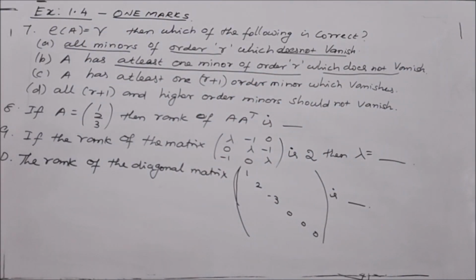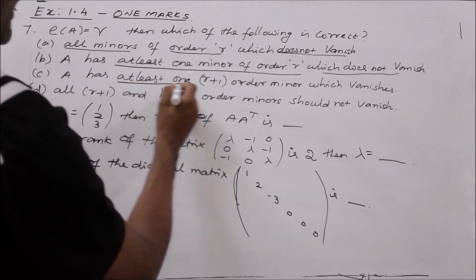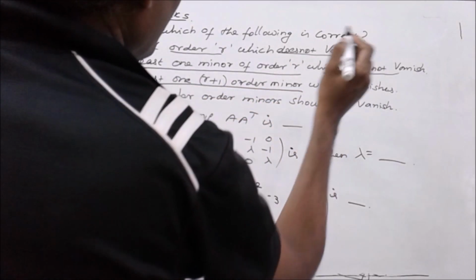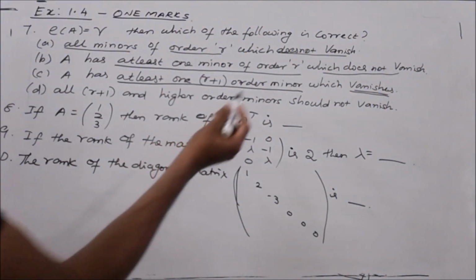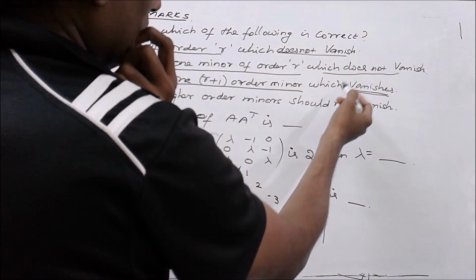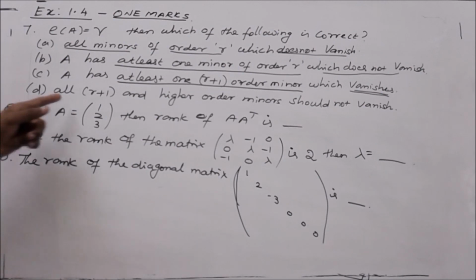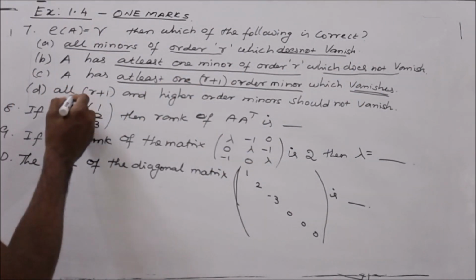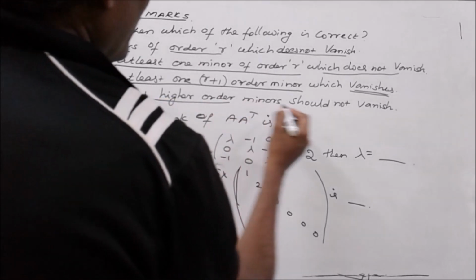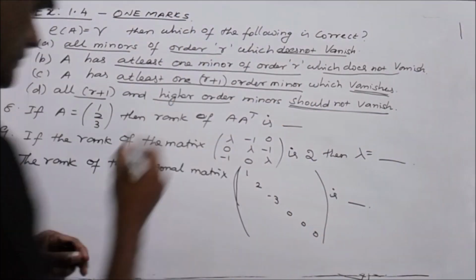Third, A has at least one R plus 1 order minor which vanishes. Here in the first two, it is 'does not vanish', and here it is 'vanishes'. And the fourth, all R plus 1 and higher order minors should not vanish.